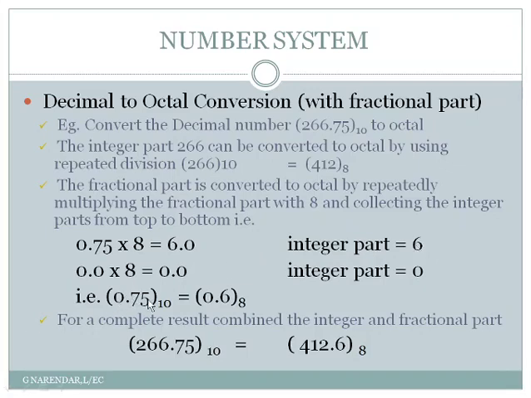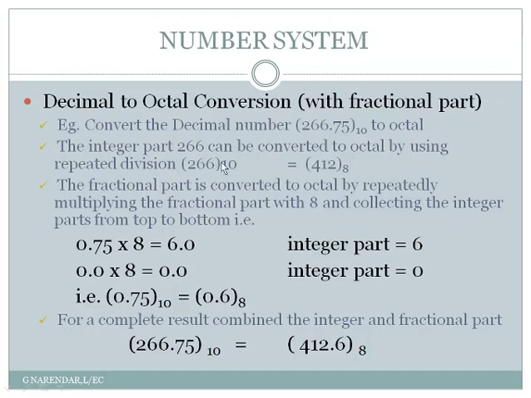So 0.75 in decimal is equal to 0.60 actually, which can be written as 0.6. Right? So this fractional part 0.75 in decimal is equivalent to 0.6 in octal.